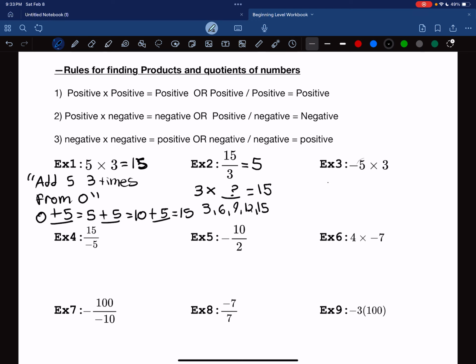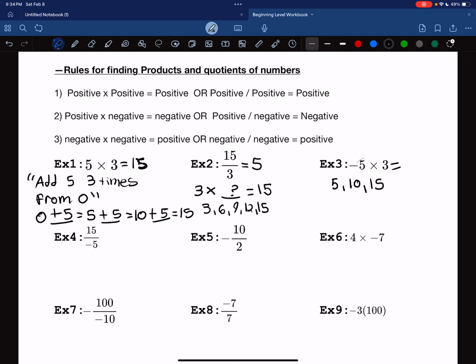So let's start by counting by 5. So we have 5, 10, 15. Now I'm going to stop here because we have 3 numbers. We're being asked to count by 5s or add 5 3 times. So since we have 3, this is going to be our ending point.